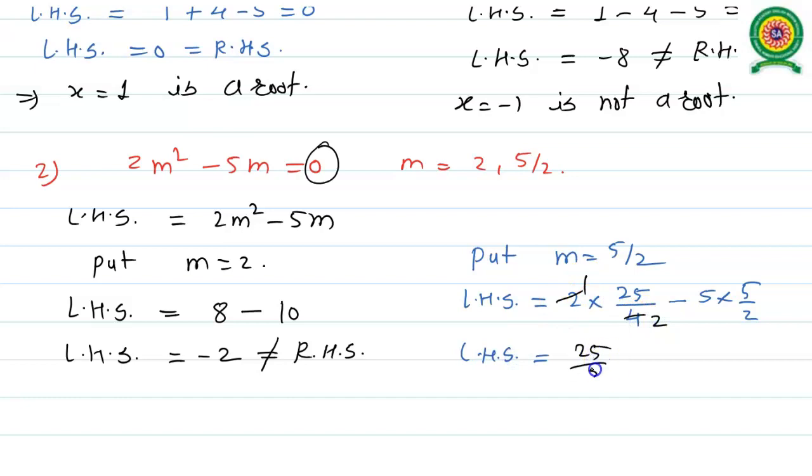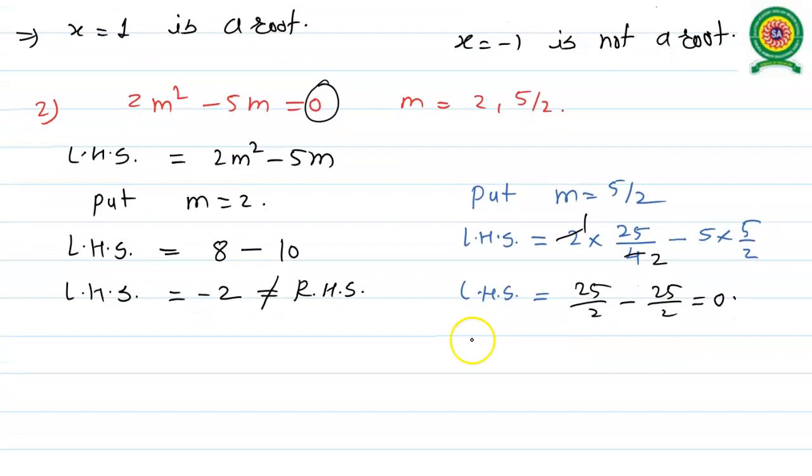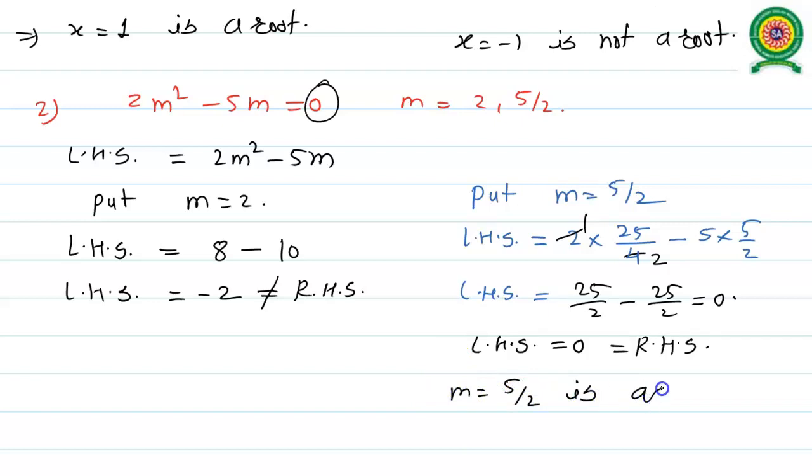So 25 divided by 2 minus 25 divided by 2 equals 0. So after simplifying the LHS we have 0, and that is equal to the RHS. So we can say m equals 5 divided by 2 is a root of the given quadratic equation. And m equals 2, at the start, is not a root of the given quadratic equation.